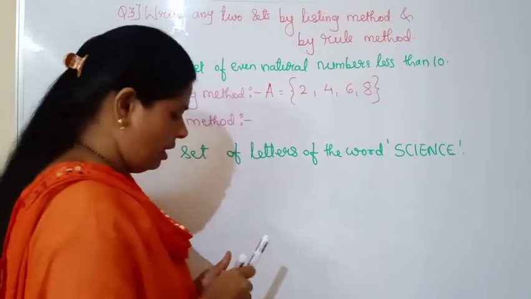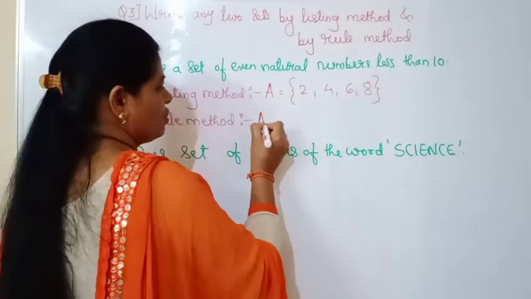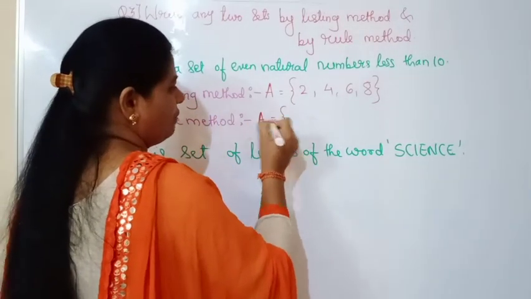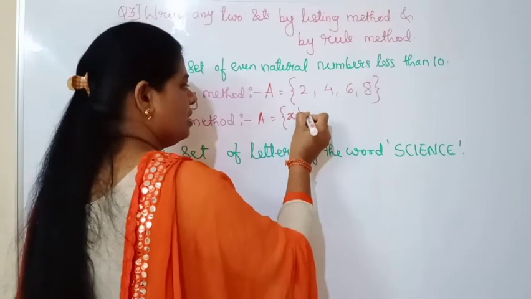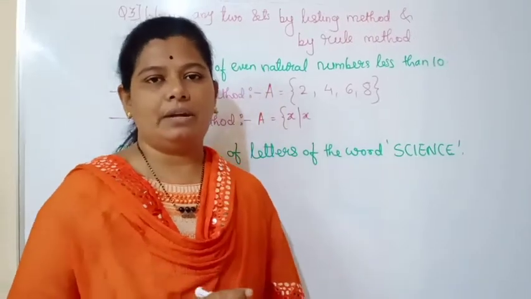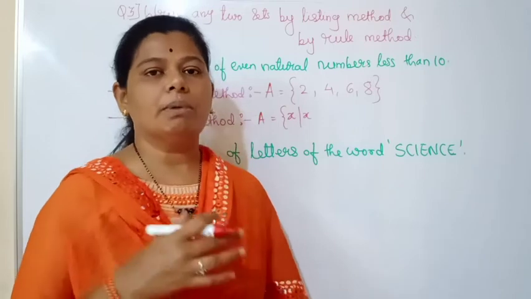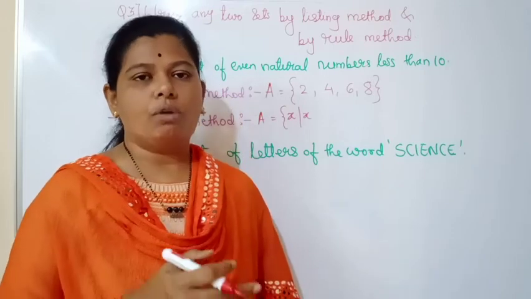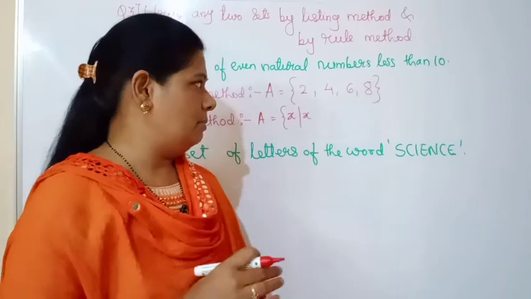Now in this rule method, as all of you know, what is the rule? First of all, the name of the set. After that, it is a set of all x such that x equal to, now 2, 4, 6, 8. These numbers are such that they are the multiples of 2, or the table of 2, in this way also we can say.